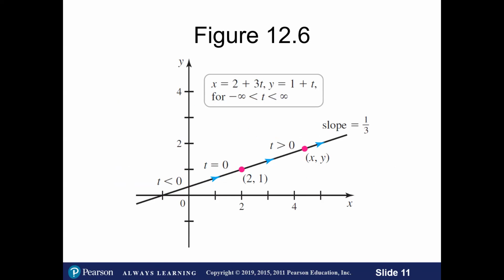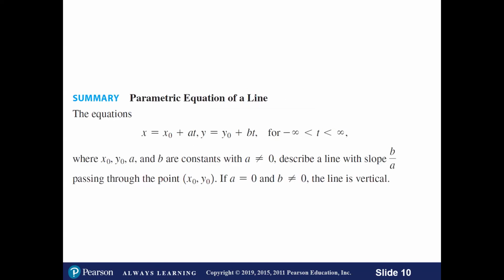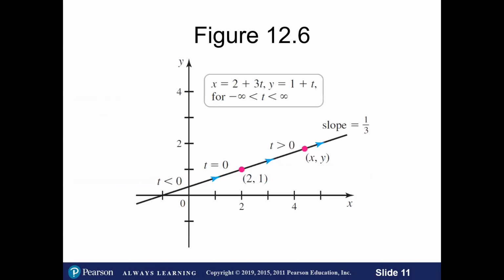The slope is b over a, that would be the slope 1/3, and the point x naught, y naught would be 2, 1. And so that says that we have a line with slope 1/3 passing through the point 2, 1. And indeed, if we trace out that parametric path, that is what it gives us.